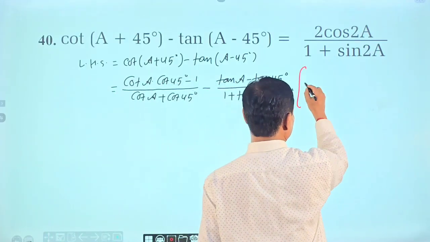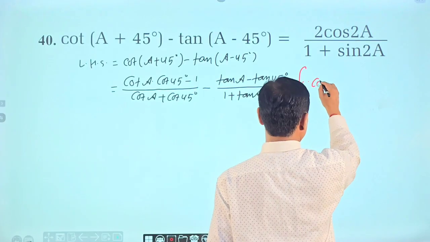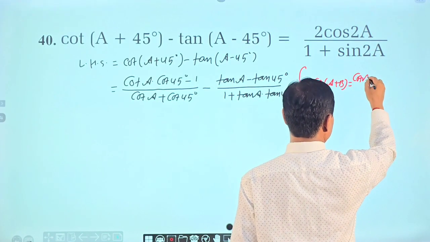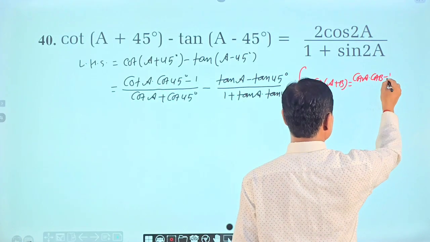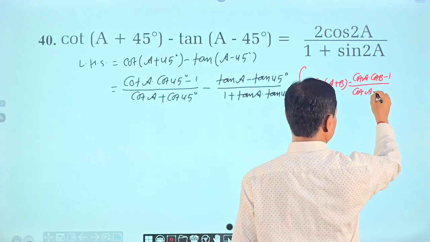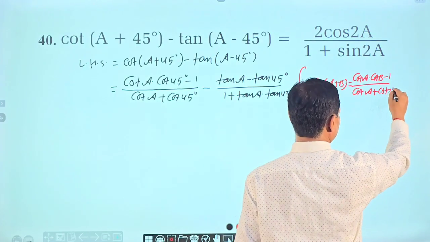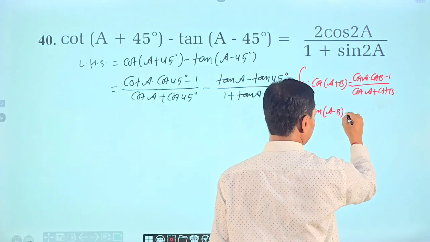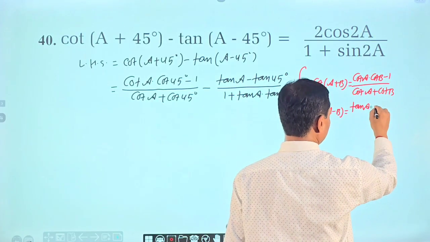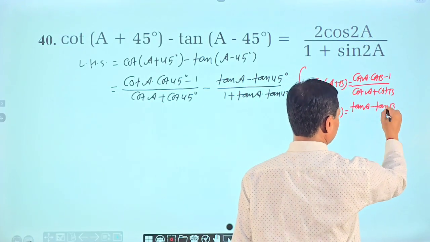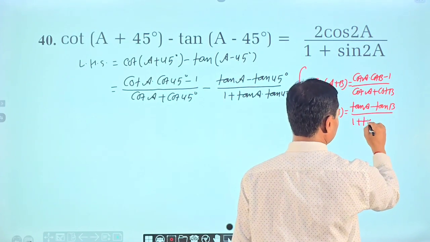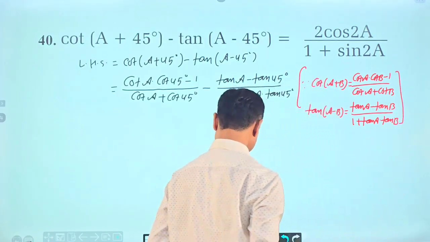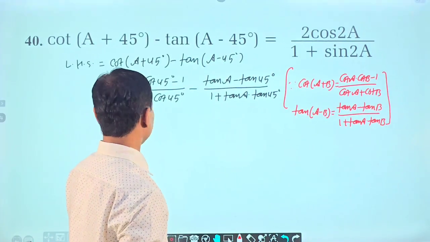So I'm just going to write the formula here, that is cot (A plus B) equals to cot A dot cot B minus 1 over cot A plus cot B, and tan (A minus B) equals to tan A minus tan B over 1 plus tan A dot tan B. Yes? Okay.